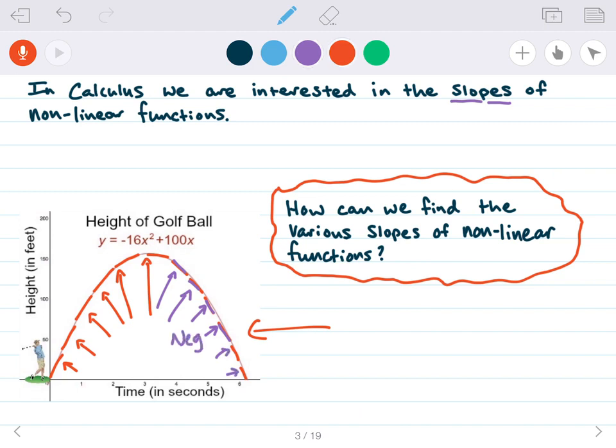So the slope's constantly changing here.